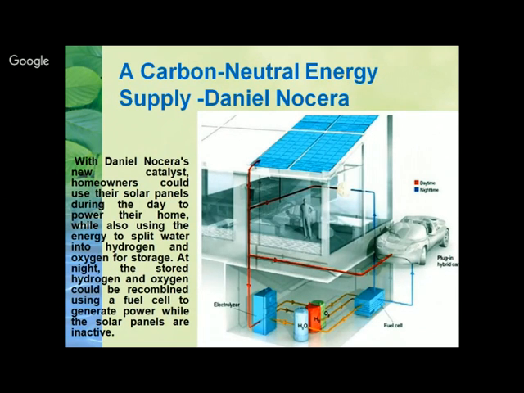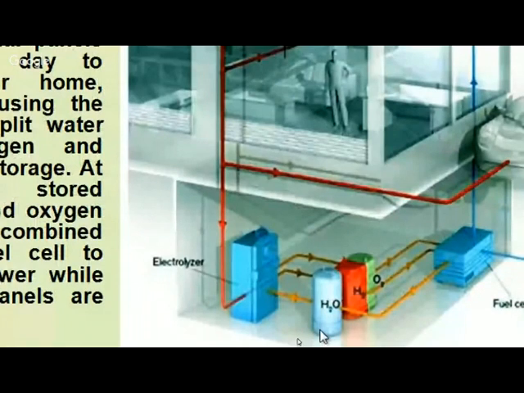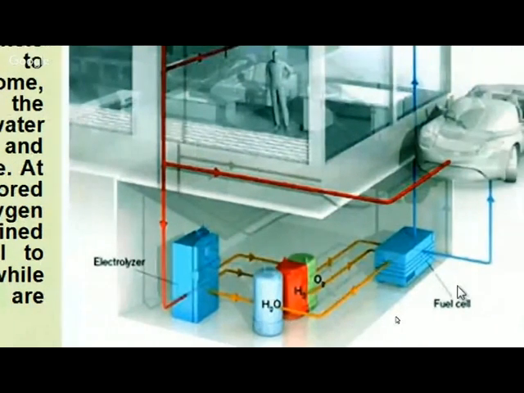And at the same time, the excess solar energy will be taken to this electrolyzer. You can see here the electrolyzer, and there water is converted into hydrogen and oxygen. That hydrogen is used in the fuel cell along with oxygen to generate electricity.